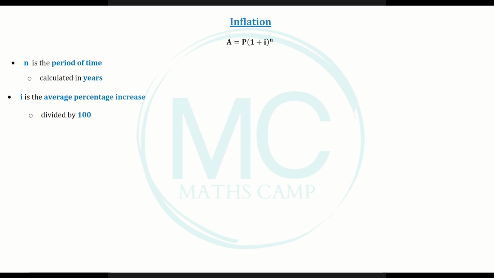The values of A and P are a little trickier to determine because now we are not looking at an investment or an accumulated amount, but rather prices over time. P is the price earlier in time, and A is the price later.